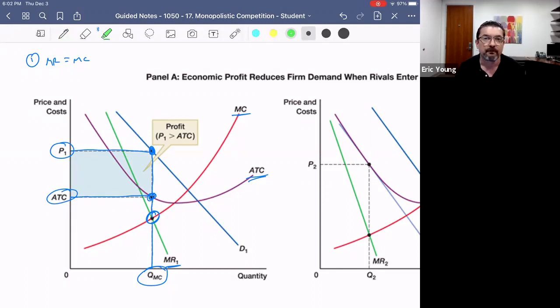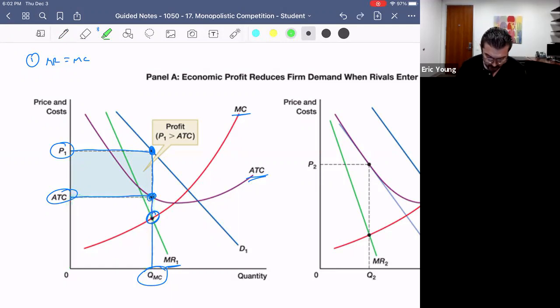We have boxes. The first big box right here, P times Q, total revenue. The box right here, ATC times Q, total cost.